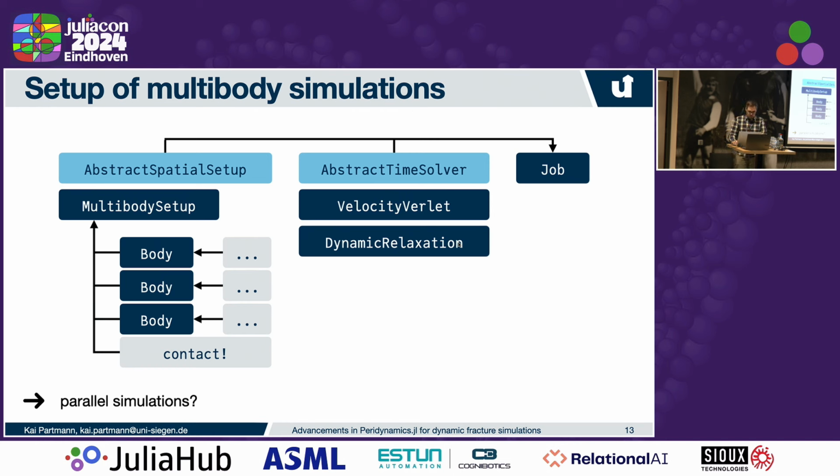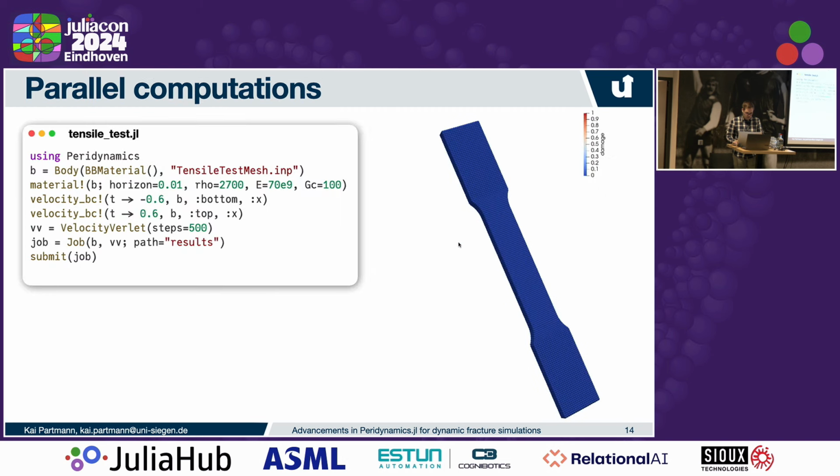So now we will focus more on the performance, or basically the internals. That was kind of the user interface, but how do we use parallel simulations? If we use that same example, you can run that in parallel using multiple threads. You just have to start Julia with more than one thread, and then it will automatically run on multiple threads.